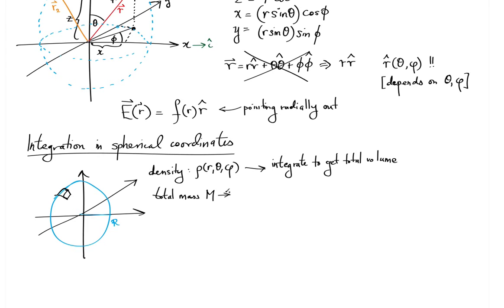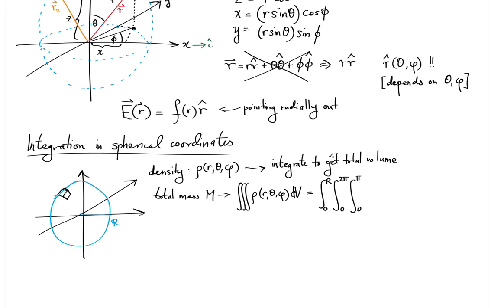That is going to be a triple integral, because there are three different position variables, r, theta, phi, of rho dV, right? And we need to know how to write dV in spherical coordinates. If we set the limits, I said this had a radius r, so I'd integrate from 0 to r. One of the angles I'd integrate from 0 to 2 pi, and the other angle I'd integrate from 0 to pi.